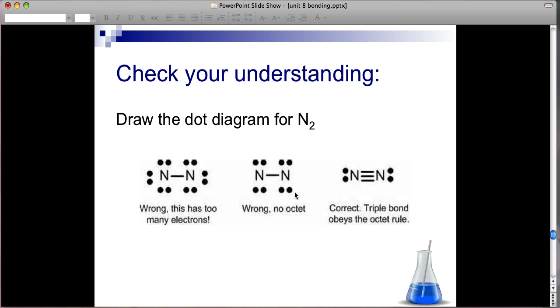Now this won't work either because neither nitrogen has a total of 8 electrons around it. But if we put a triple bond, which means that they're sharing a total of 2, 4, 6 electrons, and they have 2 individual lone pairs, then each nitrogen has a total of 8 electrons, and we used the maximum we were allowed to use, which was 10.